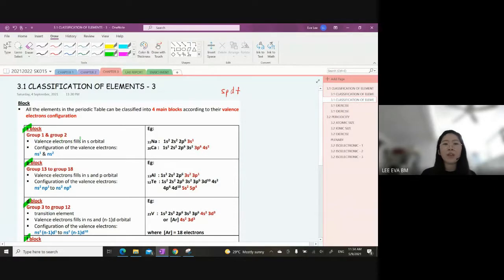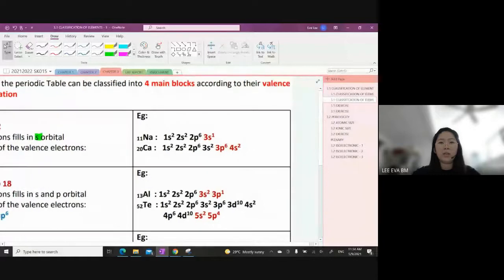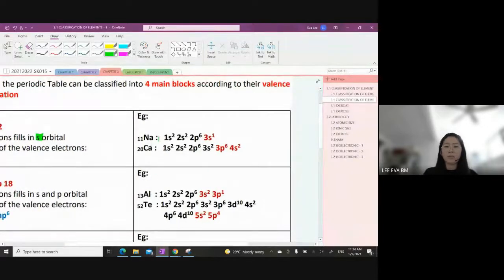Valence electrons fill in the S orbital. The valence electronic configuration of your valence electrons will be ns1 and ns2. Looking at the example given over here, sodium, with proton number 11: 1s2, 2s2, 2p6, and 3s1.